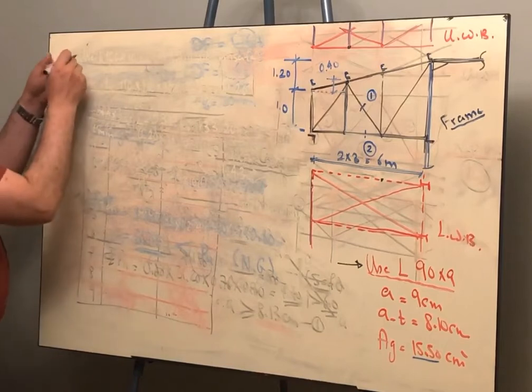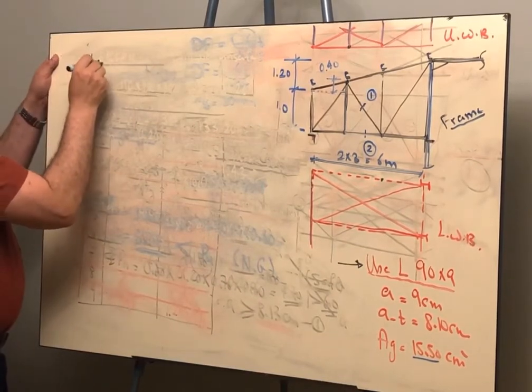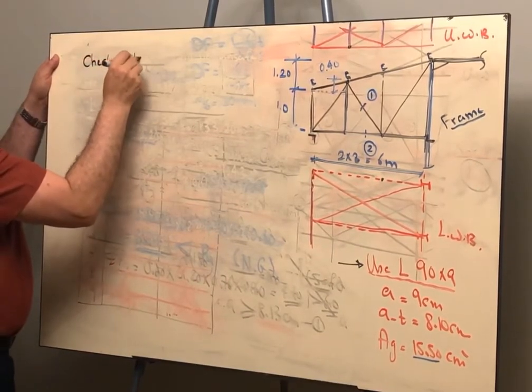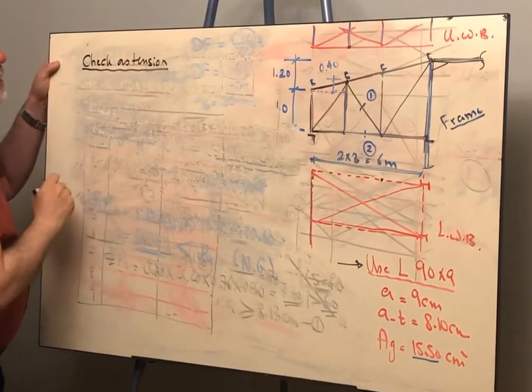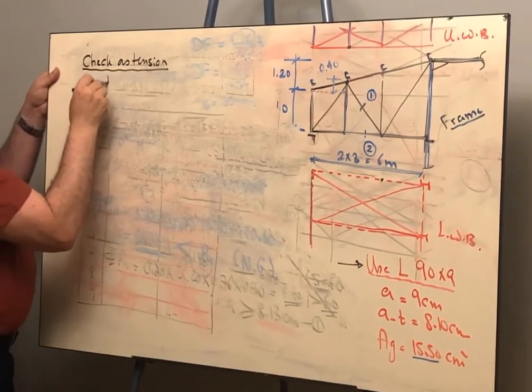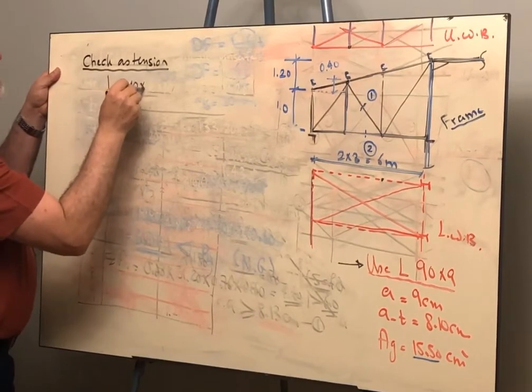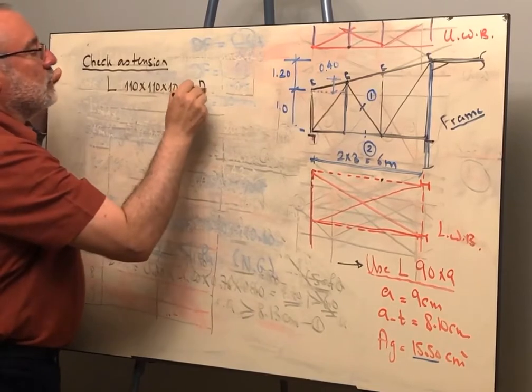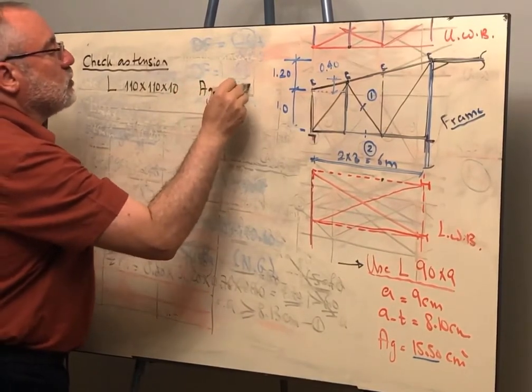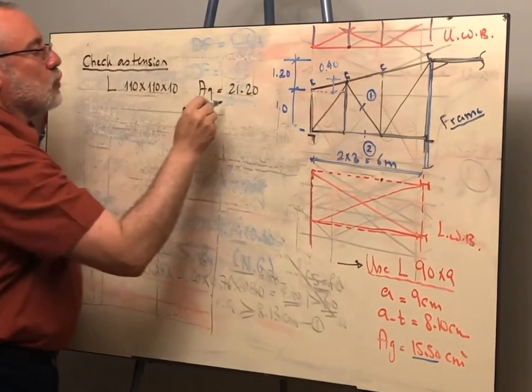Okay, so we are going to check as tension. We are having angle 110 by 110 by 10. The area gross is 21.2 centimeters square.